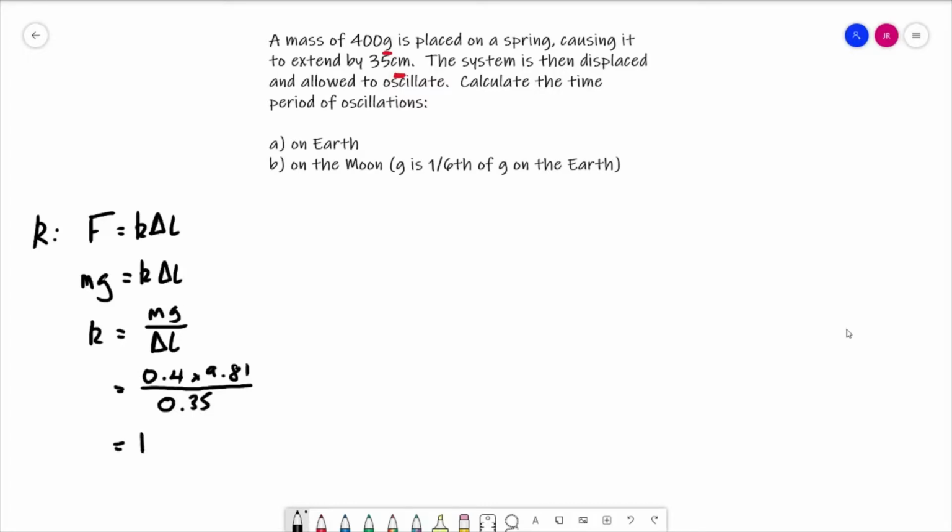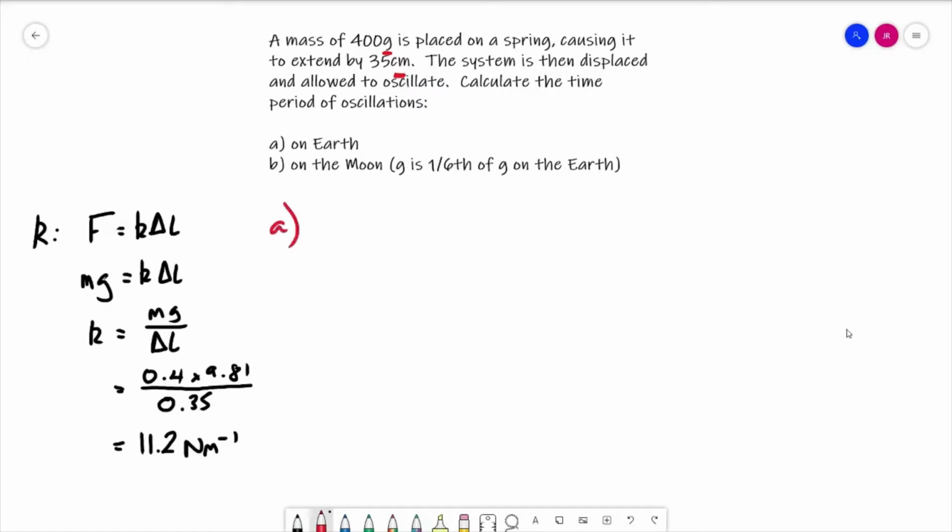Now that, when we round it, gives us an answer of 11.2 newtons per metre. Now that is a rounded answer, so I'm just going to keep that in my calculator for when I work out the time period of oscillation.